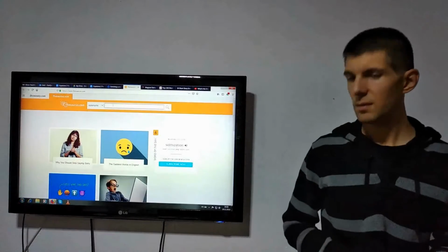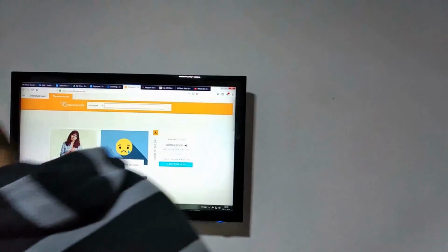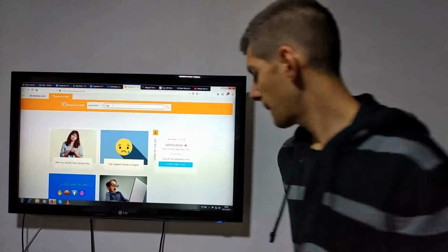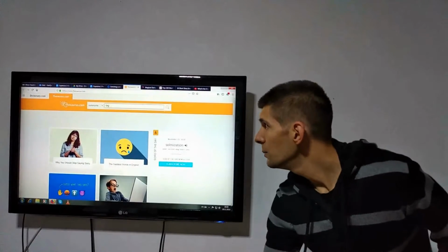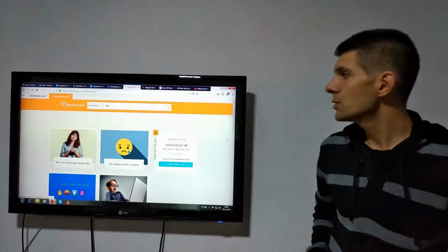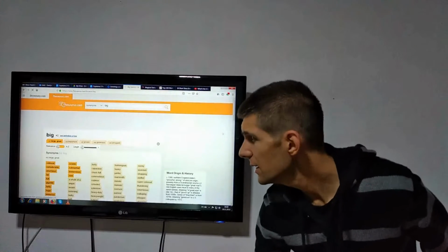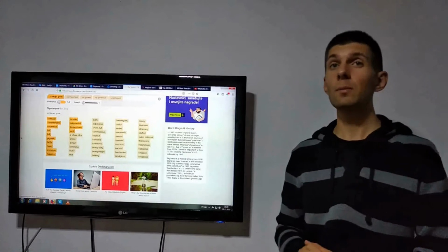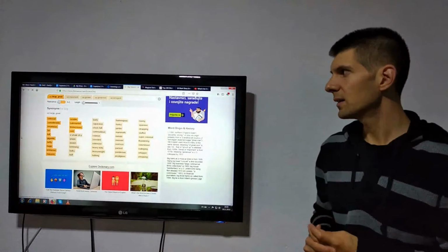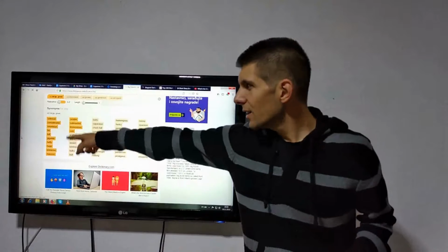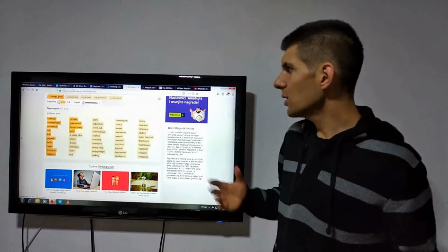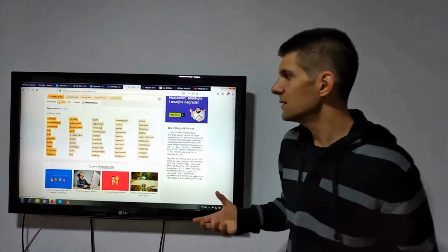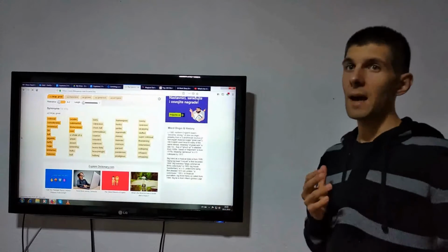Let's look for a synonym of a very common word like big. We type in big and search, and it gives us a bunch of other words that have the same or a similar meaning to big. Here you can see colossal, considerable, enormous, fat, full, gigantic, hefty, huge, immense, massive.